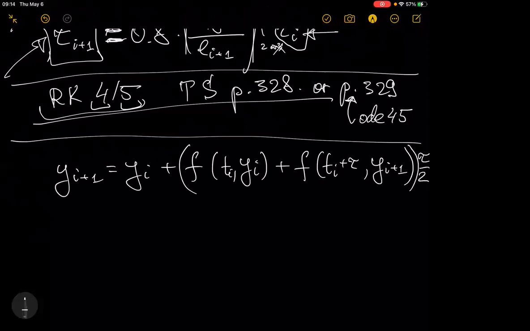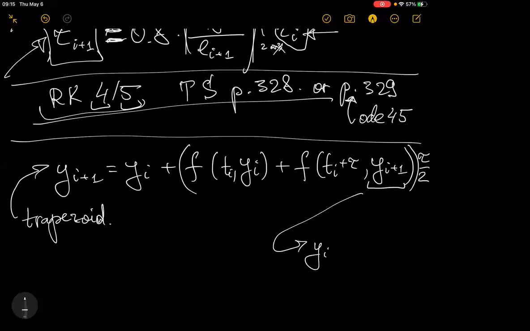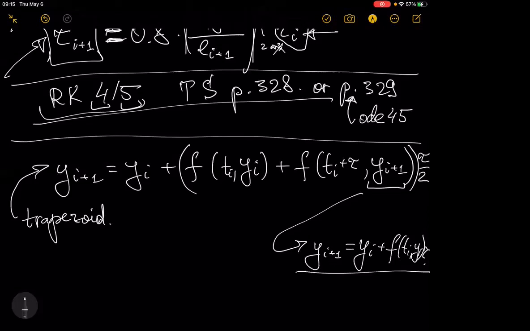So this is the trapezoid. Instead of that, we usually used y_{i+1} equal to y_i plus f(t_i, y_i) times tau, right? So Euler's method.